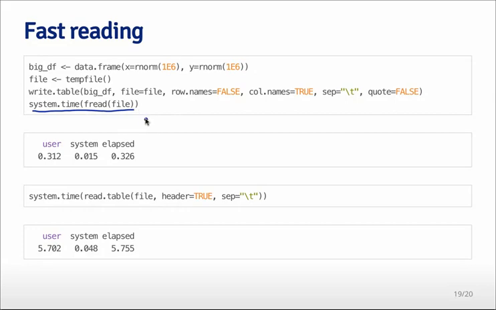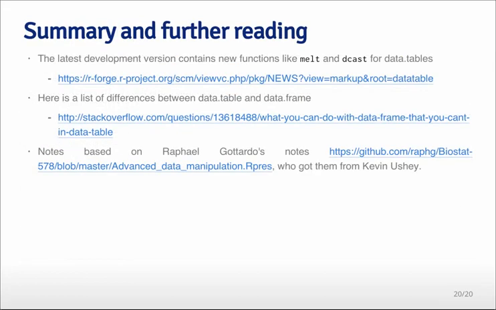The fread command can be applied to read in data tables, and it's basically a drop-in substitute for read.table with tab-separated files. And so you can see it takes about 0.32 seconds. If I try to do that same operation, if I just tried to read.table that file, it would come in quite a bit slower, well more than 10 times slower to be able to read that file in. So it's actually much faster to read files with data.table as well.